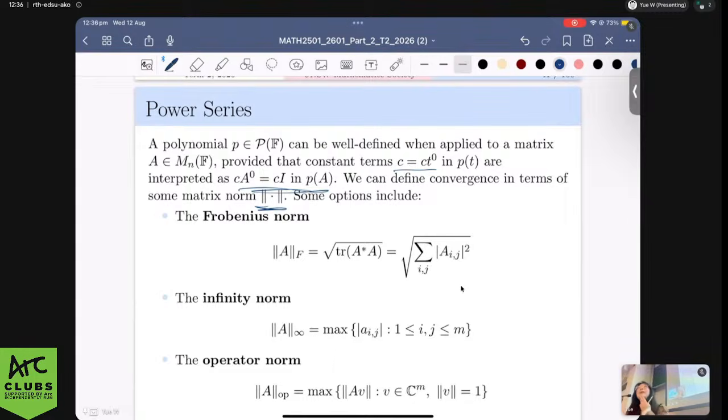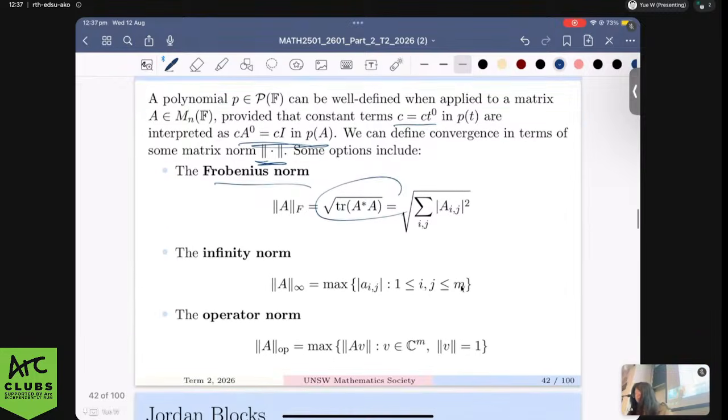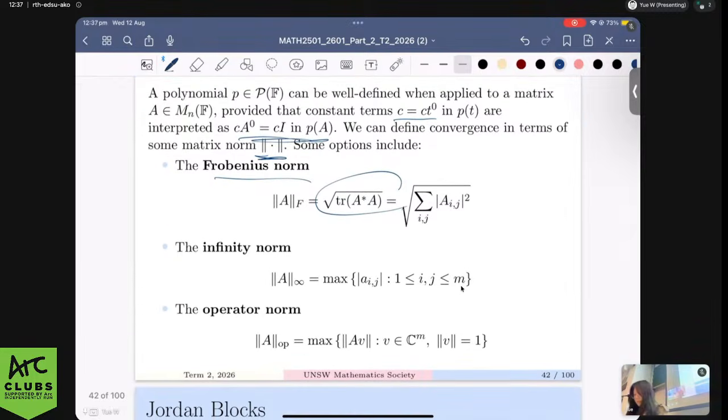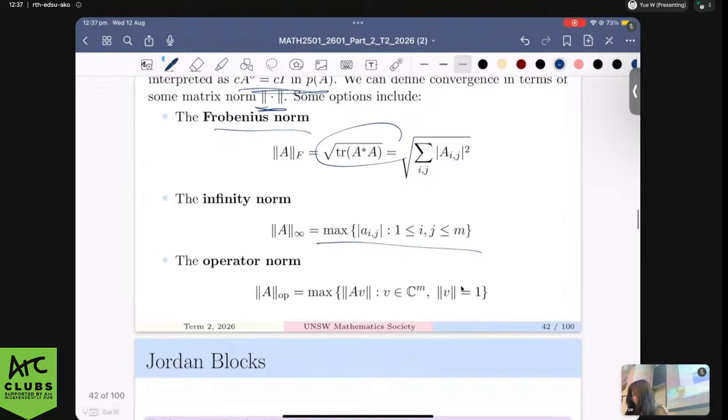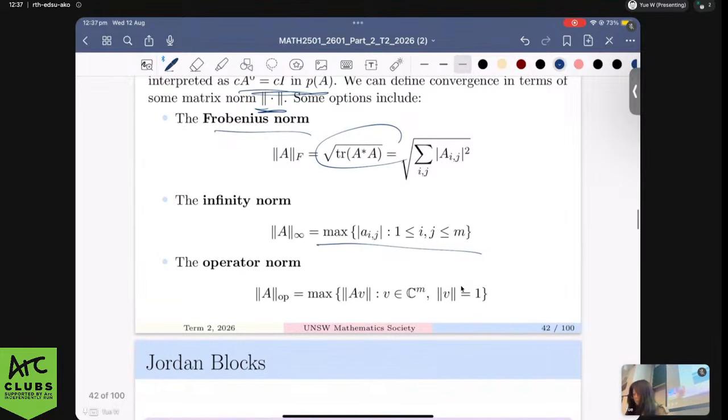Some options you have seen in the lecture are the Frobenius norm, which is taking the square root of the trace of A adjoint A. You have also encountered the infinity norm, which is taking the maximal distance. And then you have the operator norm, which is very similar to the infinity norm, except now the norm of V is equal to 1.